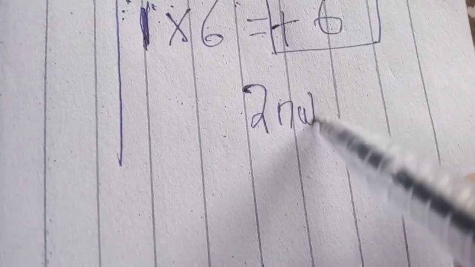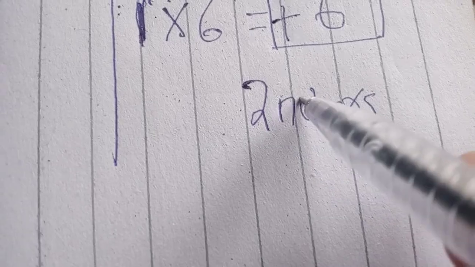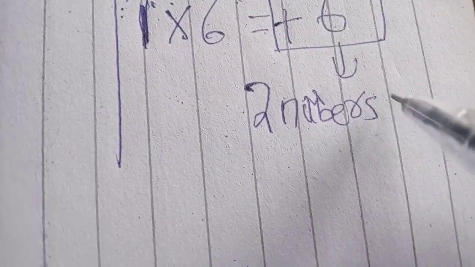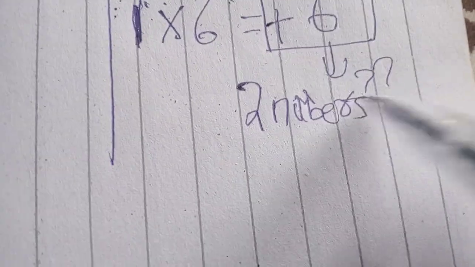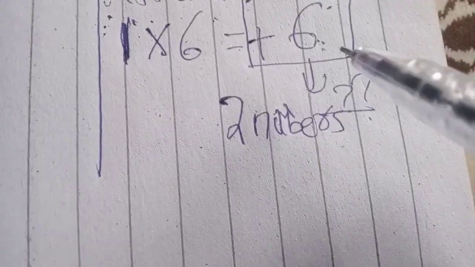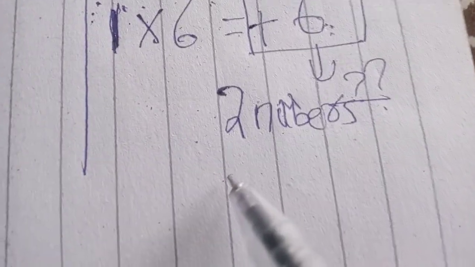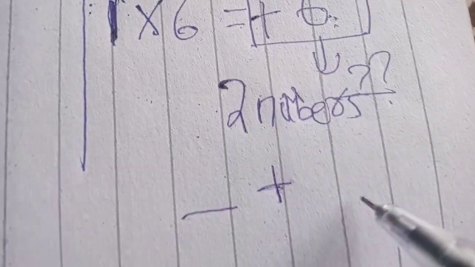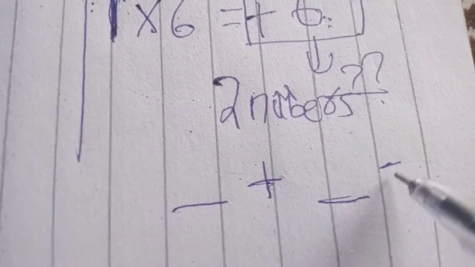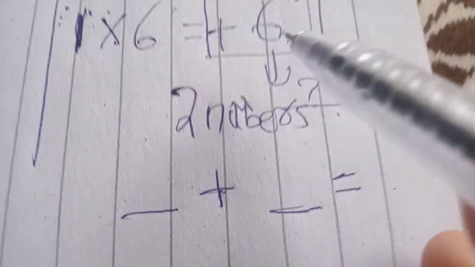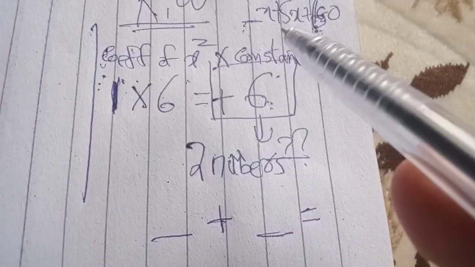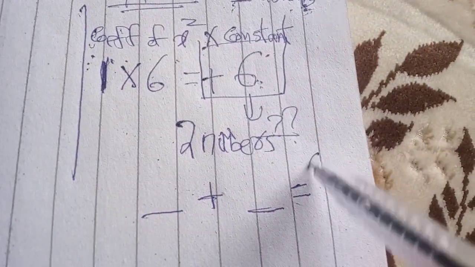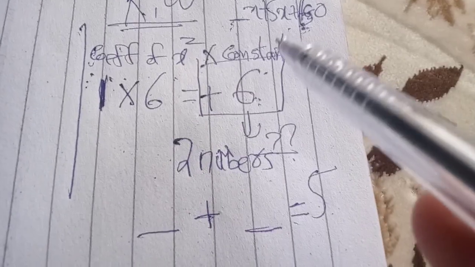Okay, now what do we do, if this answer has a plus sign, then we look for two numbers. We will evaluate two numbers from this. How? We look for the numbers which give a sum equal to the middle number of our question, that is 5 for our case.